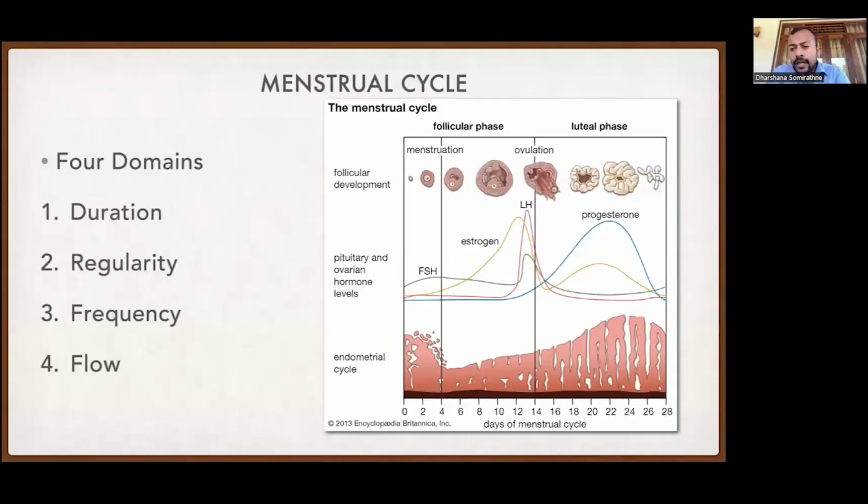Now, before we discuss abnormal uterine bleeding, I think you should understand how the menstrual cycle works in a woman's body. Without understanding the basic physiology, it's not a good idea to prescribe any medications to women.